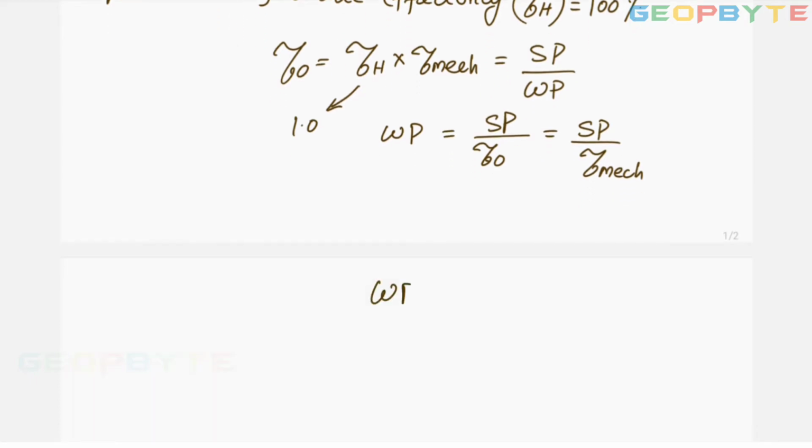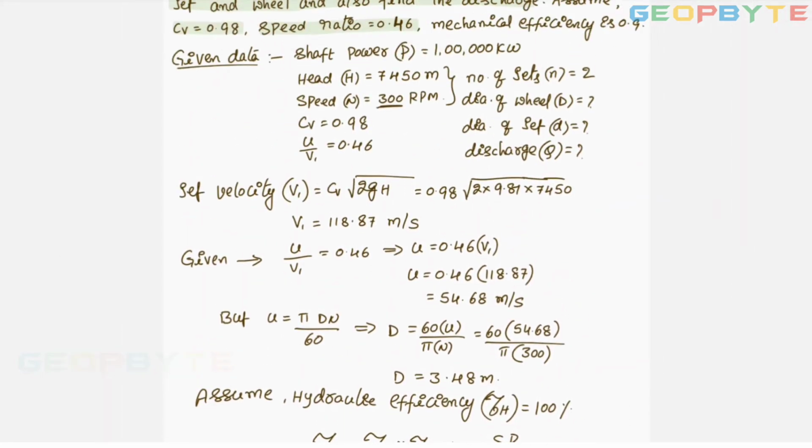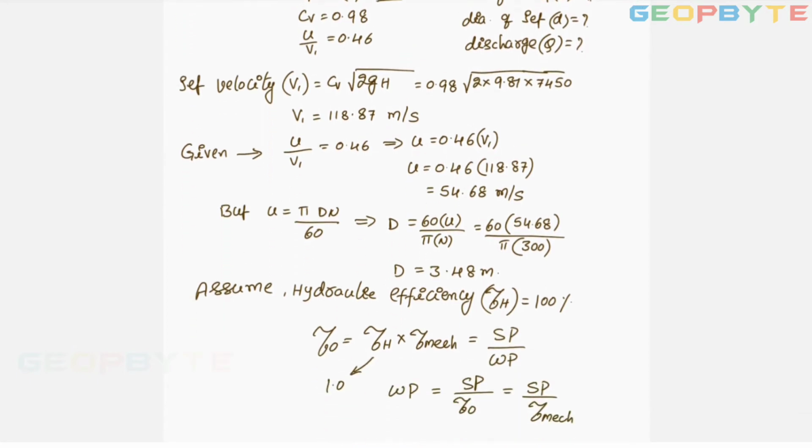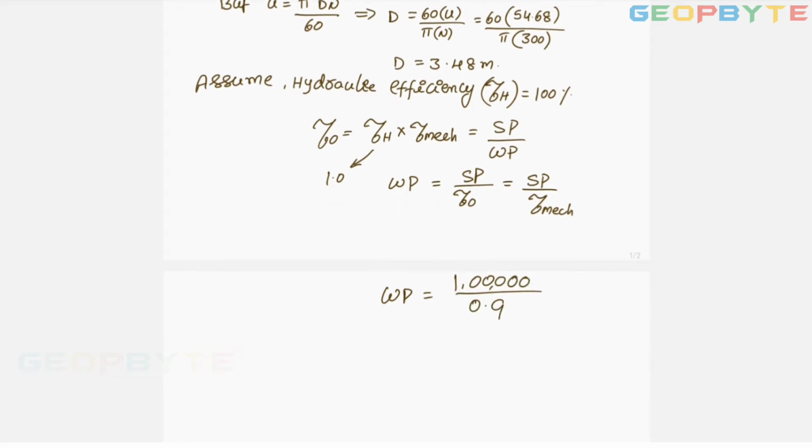So water power equal to shaft power, how much it is given? Look at the value. Shaft power 1 lakh kilowatts. Mechanical efficiency 0.9. 1 lakh divided by 0.9. From this you can get the water power. Simplify this value for getting 111111, all in kilowatts.